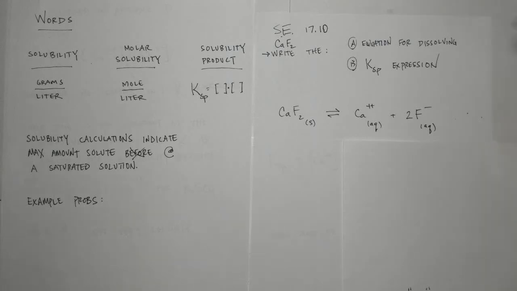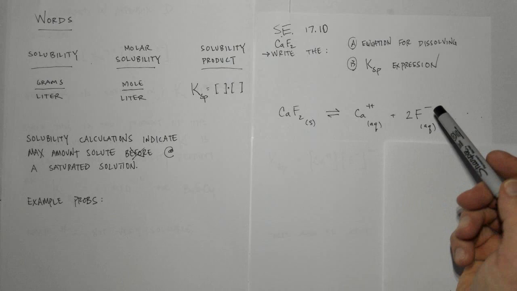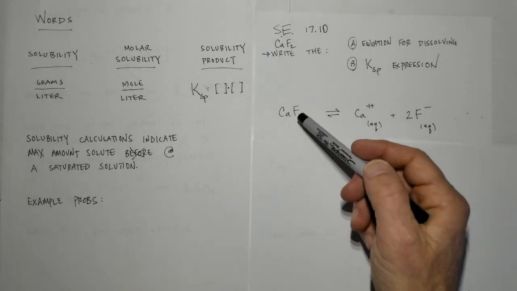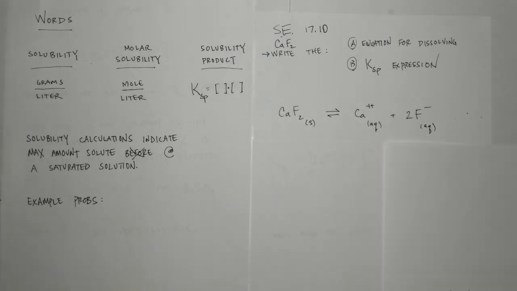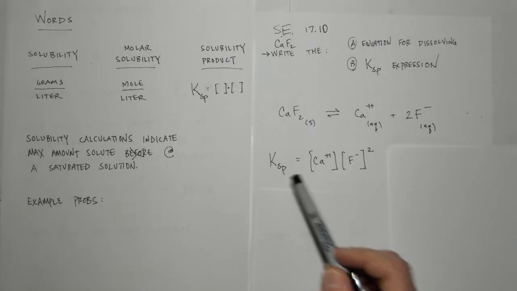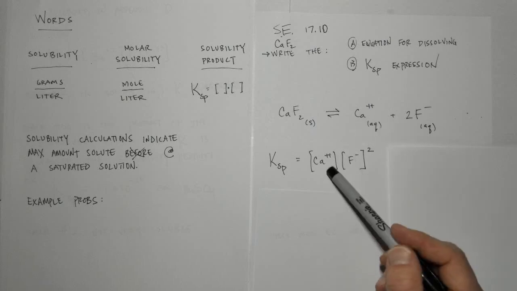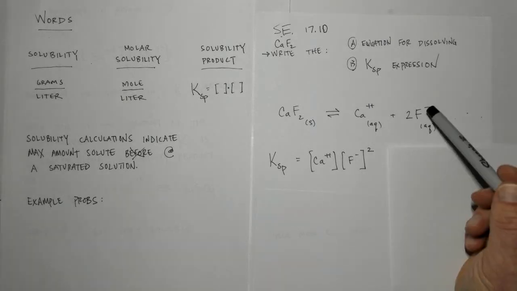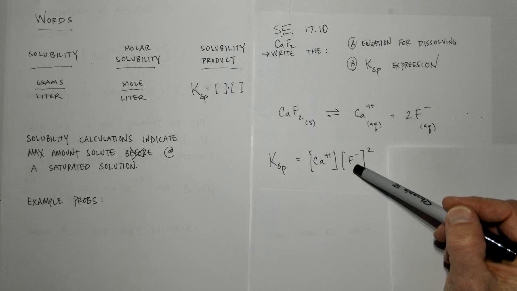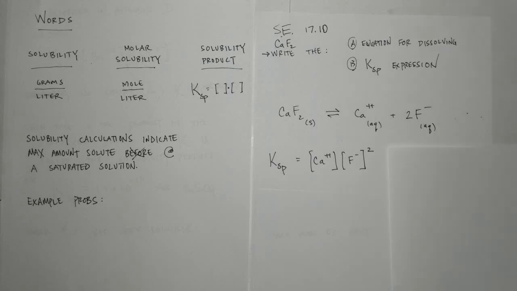This is the equation for the dissolving of calcium fluoride. Now let's write the KSP, which would be products raised to the power of the coefficients divided by 1, because there's only a solid here. So the solubility product would be the concentration of calcium that dissolves, the molar solubility, times the molar solubility of fluoride ion raised to the second power, because there's a 2 right there.